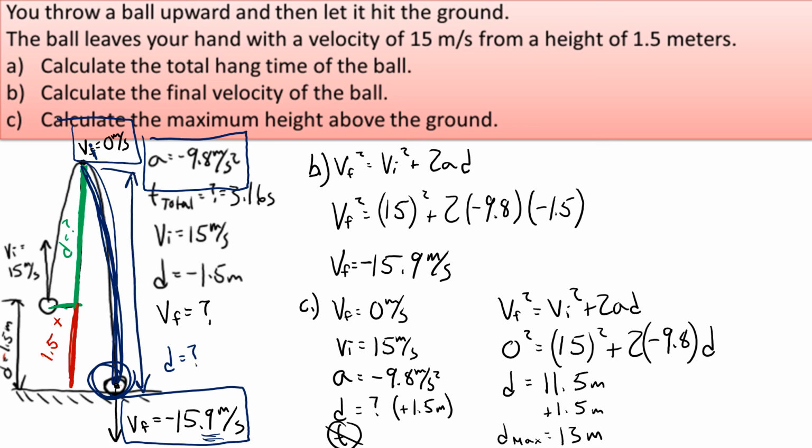You won't have to add the 1.5 anymore because it's just from the way top to the way bottom. So you don't have to take that into account. And you'll get an answer that's close to 13. Again, we rounded here. So it's going to be 12.979 is the precise answer. Well, that's like the rounded answer that you get. But the maximum height is 13 meters when you round.